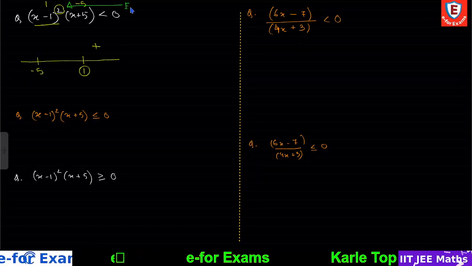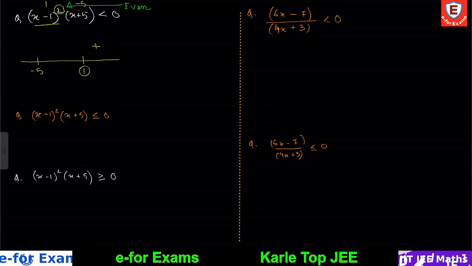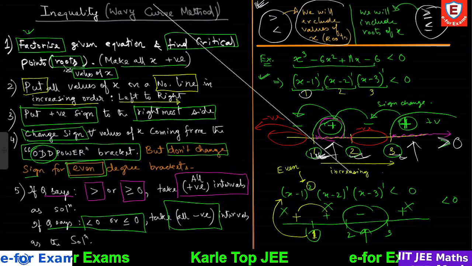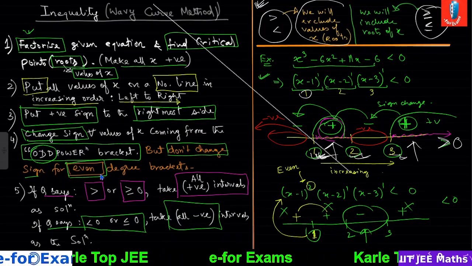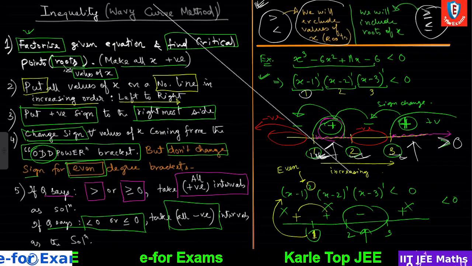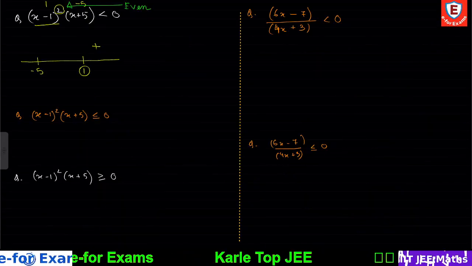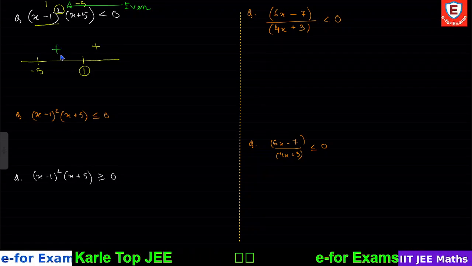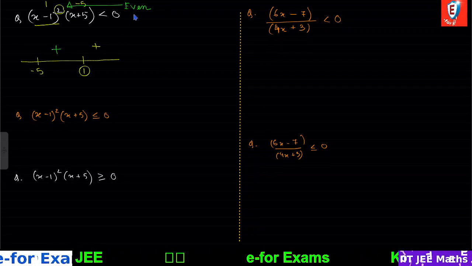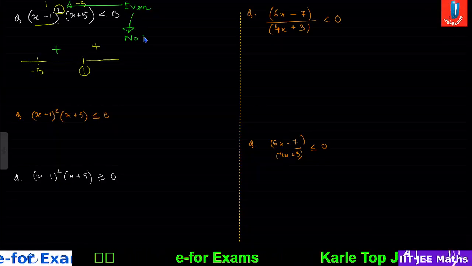This is even power. For even power, what did I say? Don't change sign for even degree bracket, right? So we are not going to change the sign. Here it is plus, it will remain as plus. No change in sign.